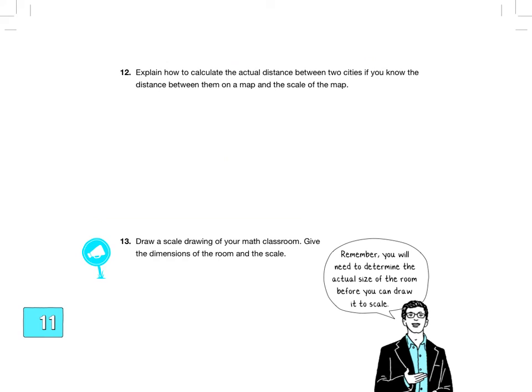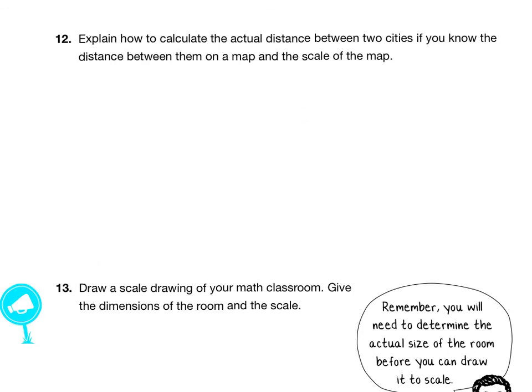Next one, question number 12. Explain how to calculate the actual distance between two cities if you know the distance between them on the map and the scale on the map. So, let's say that the scale of the map is 1/2 inch equals 4 miles.